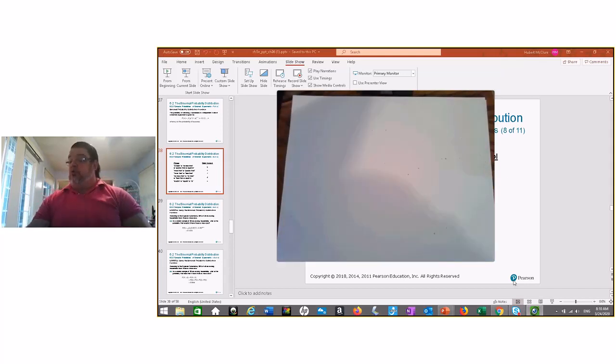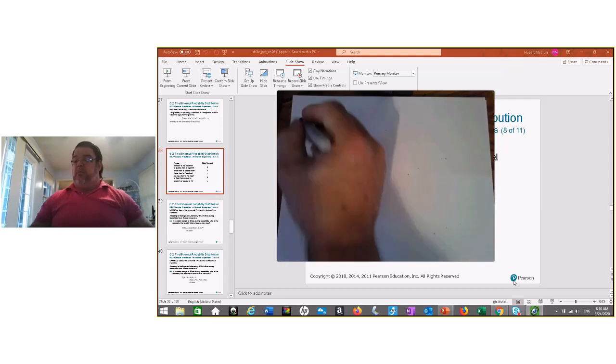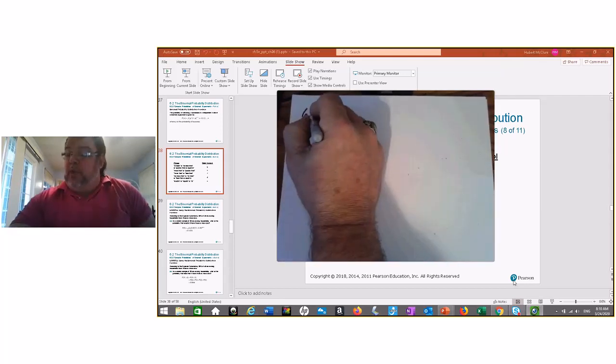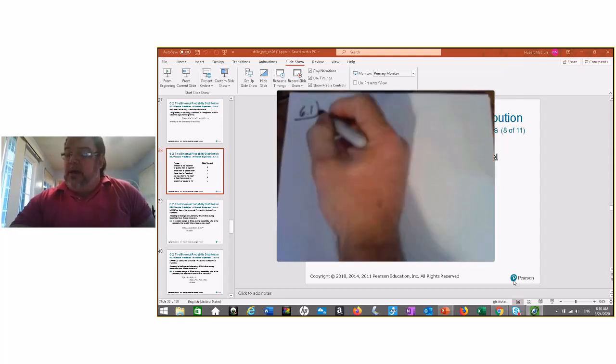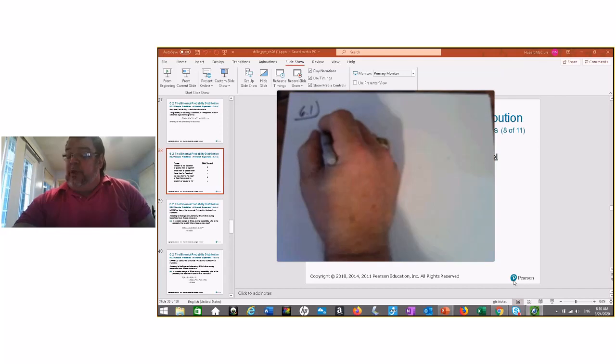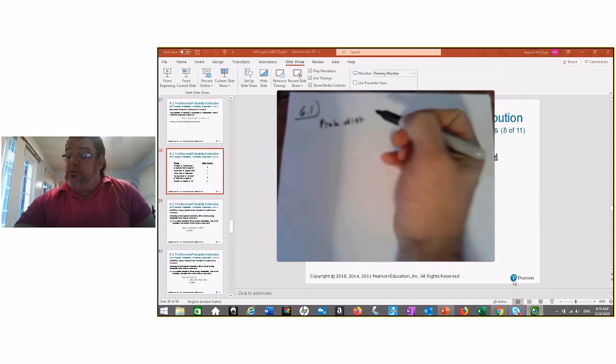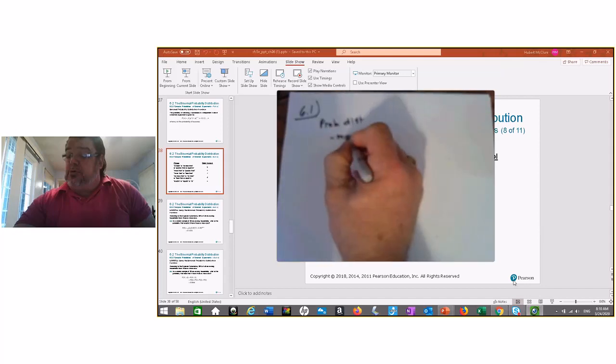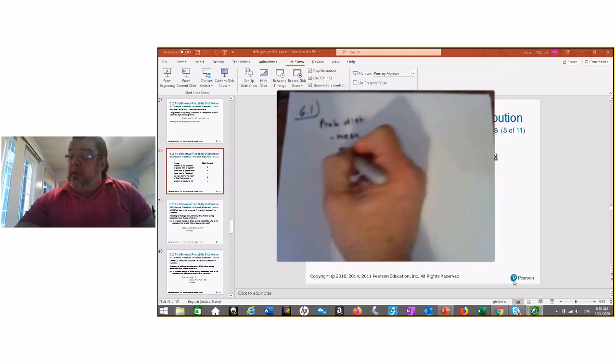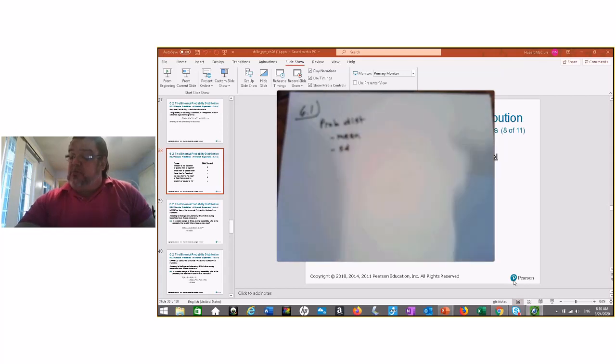Just to recap, 6.1 so far has been probability distribution, being able to find the mean and the standard deviation.